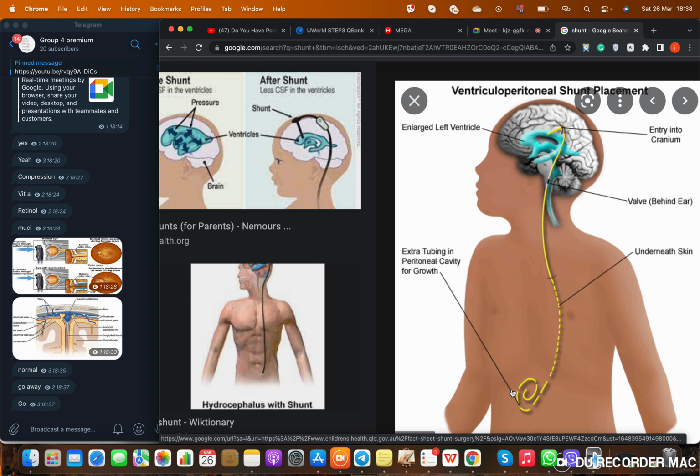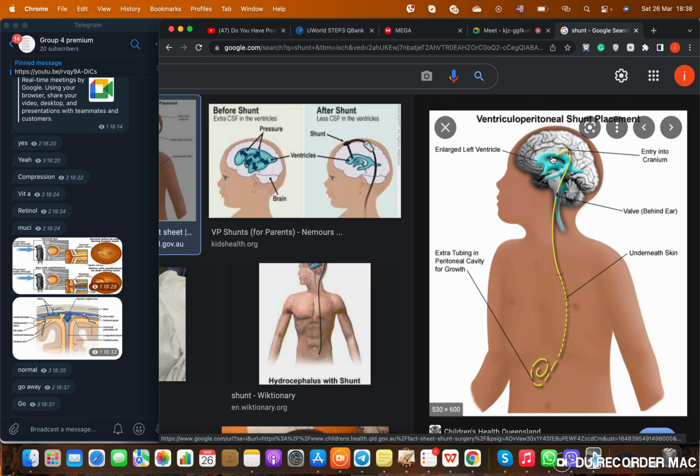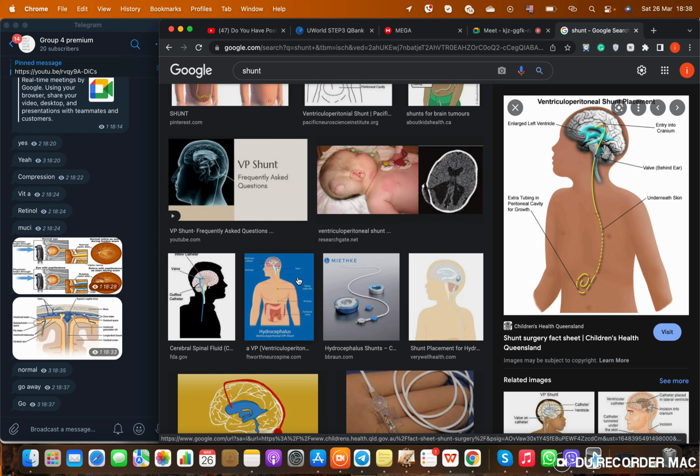You are like, wow. So they pass it under the skin. It goes outside a little bit, but in general, it goes under the skin until it reaches the peritoneum. So it will constantly remove the extra CSF through a specialized valve and release it into the peritoneum? Yes. But in the peritoneum, that will not lead to any problem?